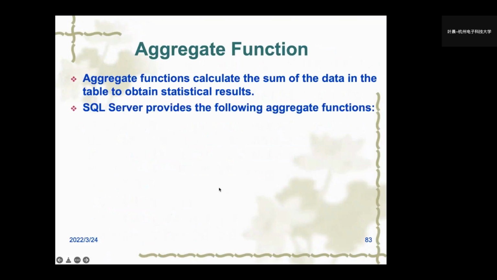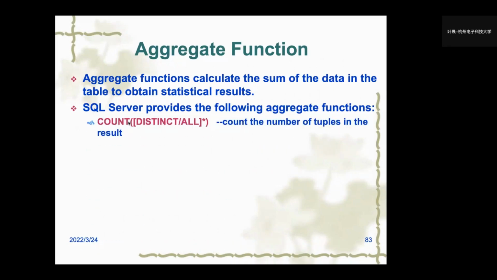So here, for the query language, we also have the aggregate function. Aggregate functions calculate the sum of the data in the table to obtain statistical results. SQL Server provides the following aggregate functions. The first is COUNT, which counts the number of tuples in the result.